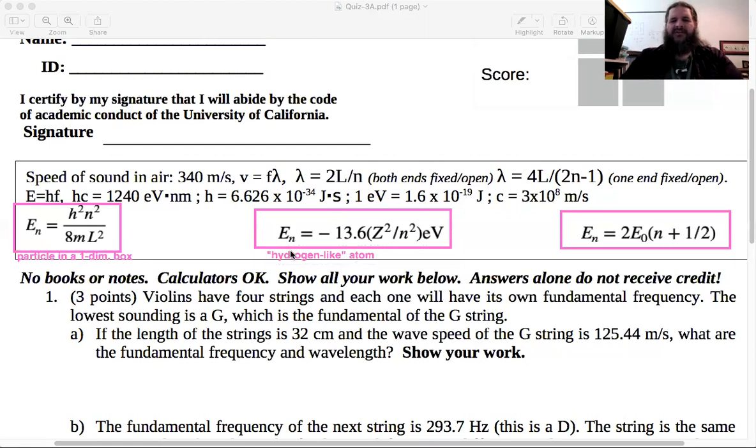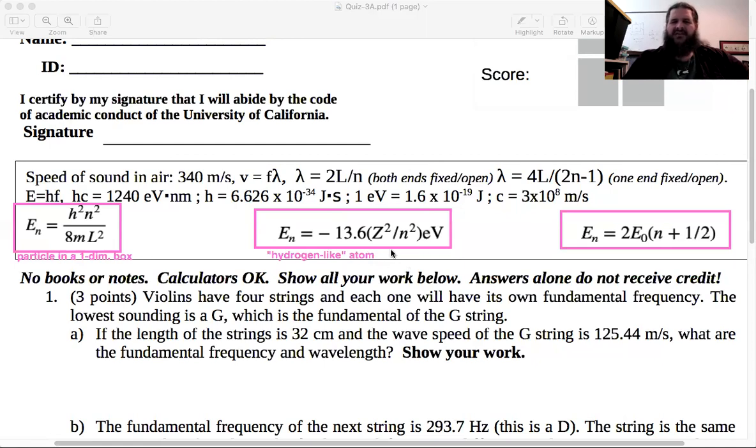For hydrogen atoms, this formula works perfectly. For anything that's close enough to hydrogen, this is a reasonable approximation, and the more like hydrogen the atom is, the better an approximation this is going to be. But anytime you're dealing with energy levels of just one atom with one electron involved, this formula tells you the energy of the atom with the electron.